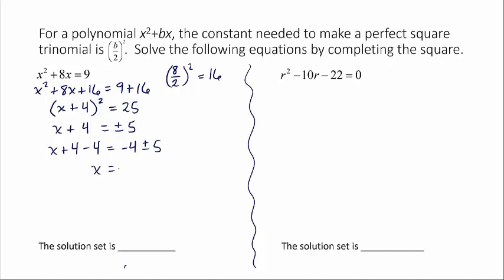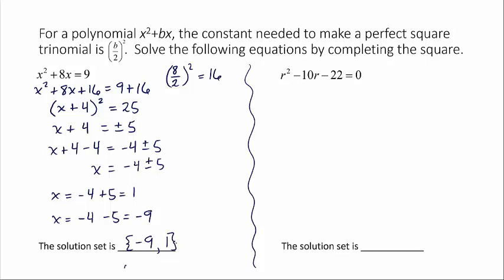So x is equal to negative 4 plus or minus 5. So we're going to have either x equal to negative 4 plus 5, which is equal to 1, or x equal to negative 4 minus 5, which is equal to negative 9. So the solution set is negative 9 or positive 1.